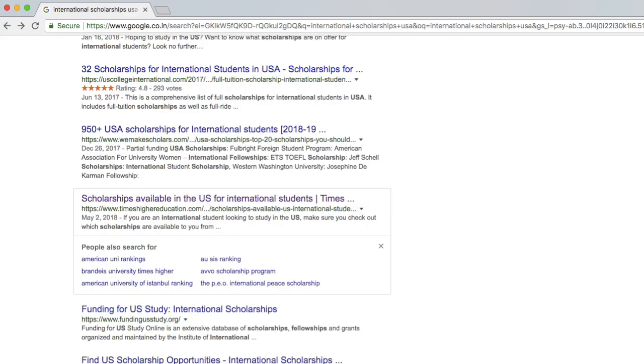I know this is a really time-consuming process, but it's worth it because the amount of money that you'd be saving with a scholarship is worth so much more than the small amount of time that you're spending researching about scholarships. So for example, I've attached a screenshot here of a search that I made for the term International Scholarships USA.